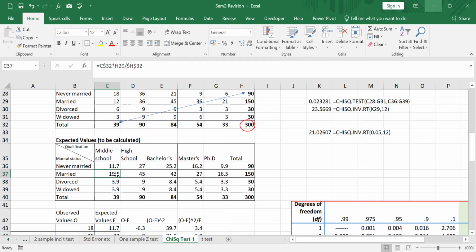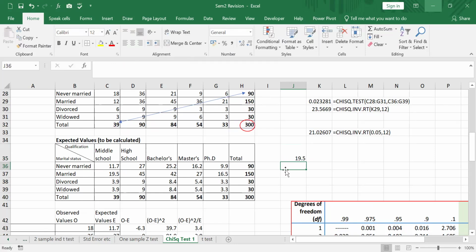For example, 19.5. How did we get this 19.5? This is equal to 39 times the row total corresponding to married, and this remains the same, 300 remains the same.